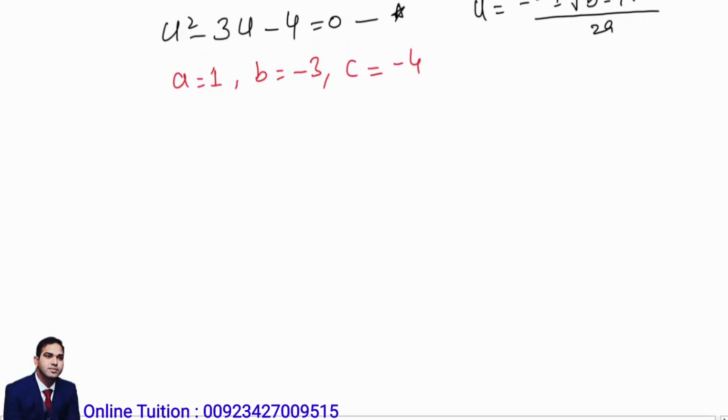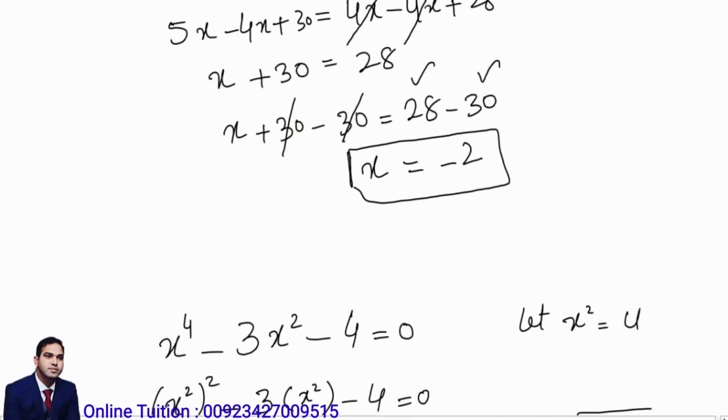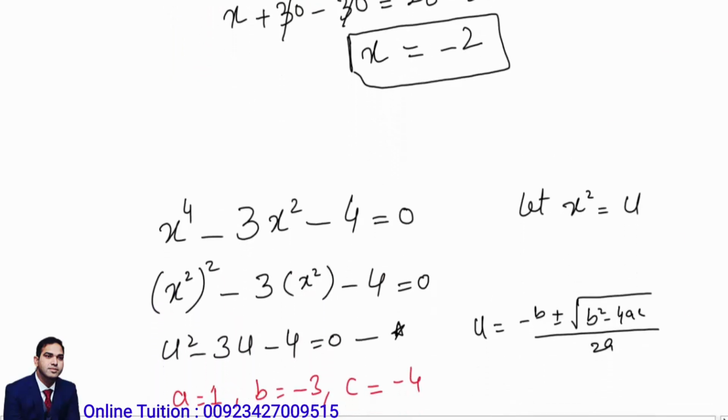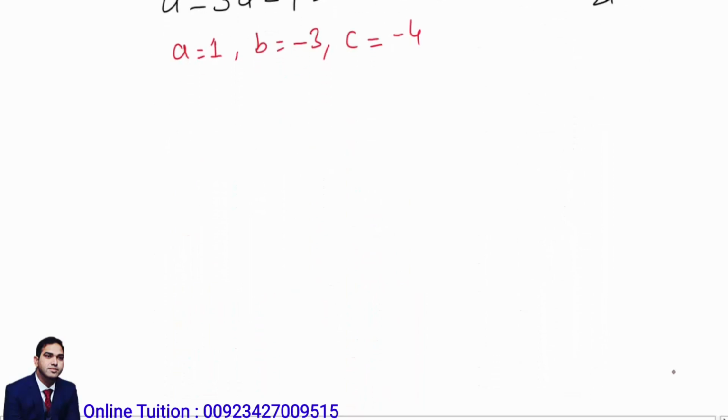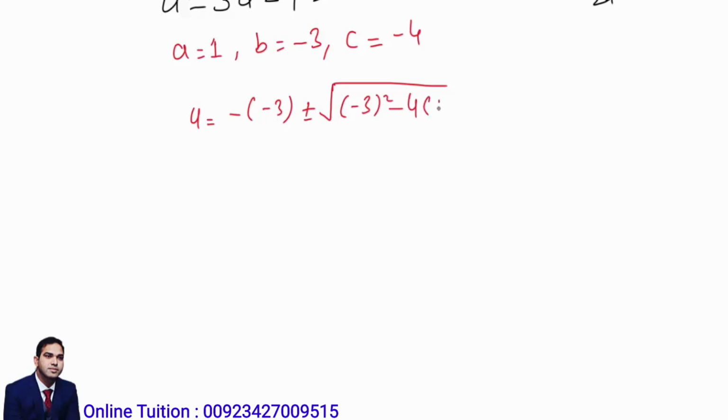So we have the formula, and I am using this formula like this: u is equal to negative b, means negative of negative 3, plus minus square root of negative 3 square minus 4 into a which is 1 and c which is negative 4, over 2a which is 2 times 1.